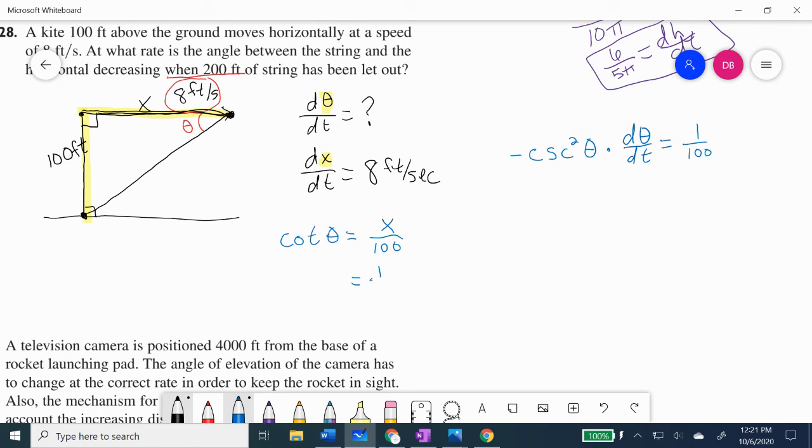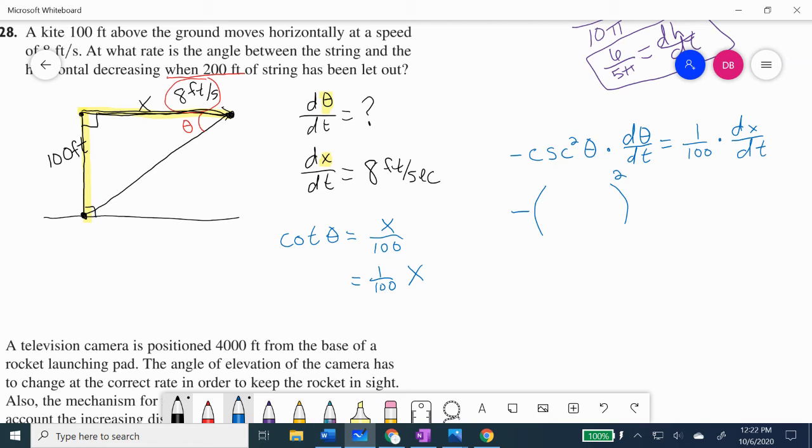Realize x over 100 is a constant times x. And we are differentiating with respect to time. So that constant times dx dt. Also with these problems, don't go and try to figure out what theta is. You want to figure out what the two-sided ratio is.